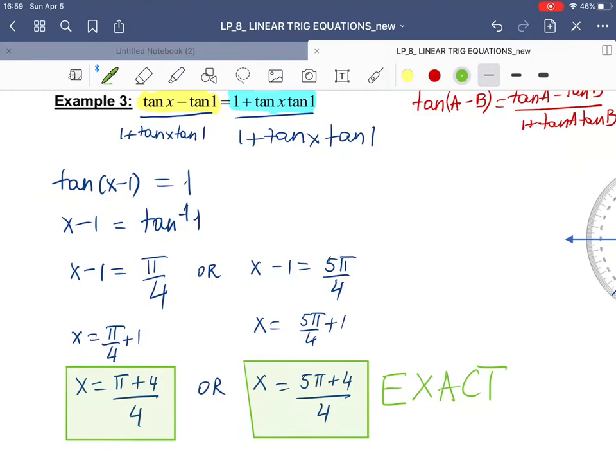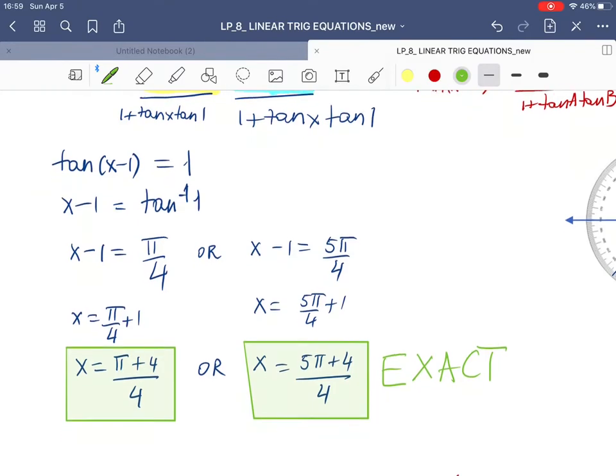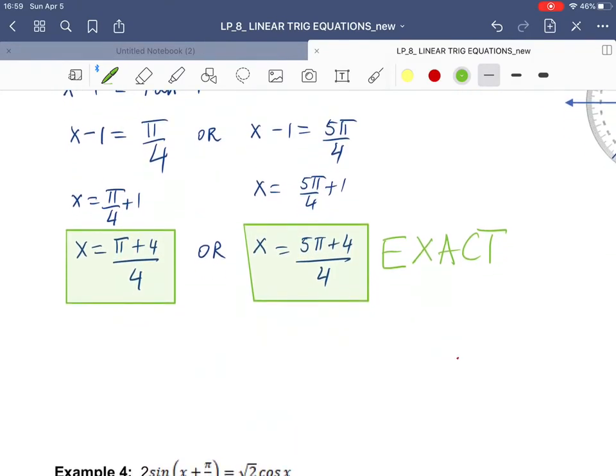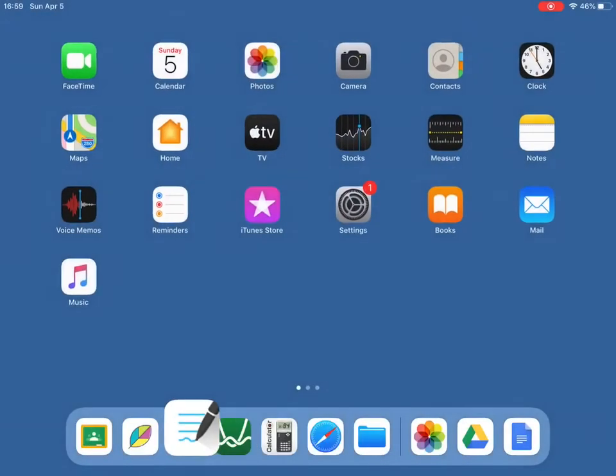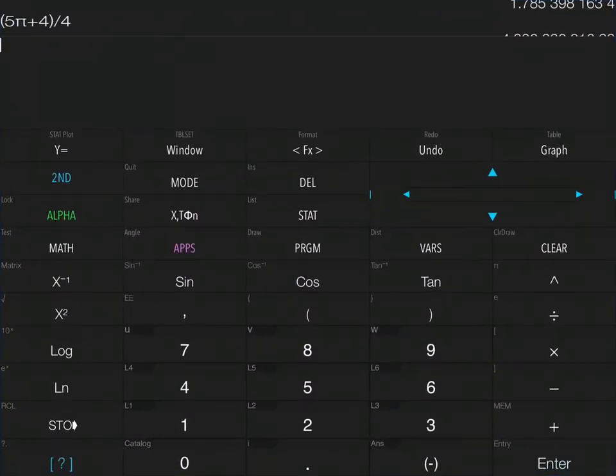But we can also find our approximate answers simply by using a calculator. By the way, I found this calculator online. It was free, and I am going to find the approximate value. So what we have in here is pi plus 4, divided by 4.